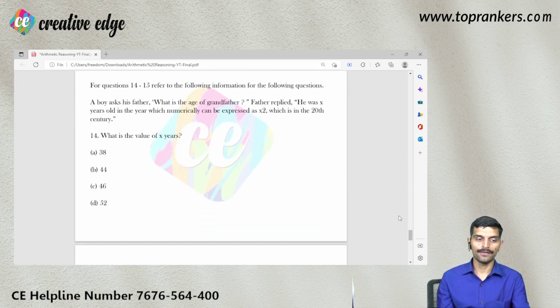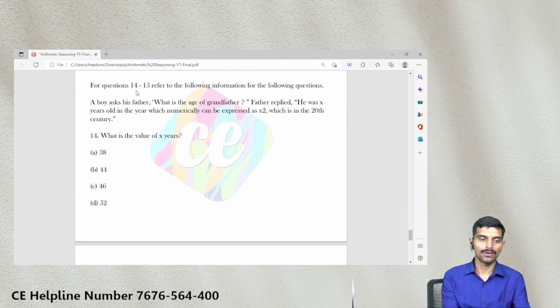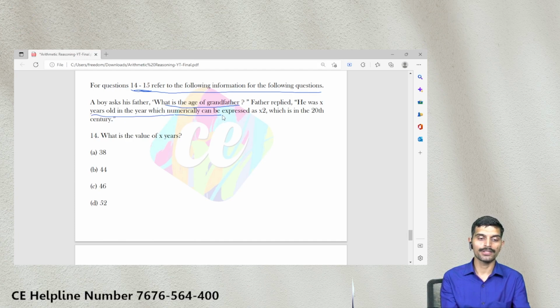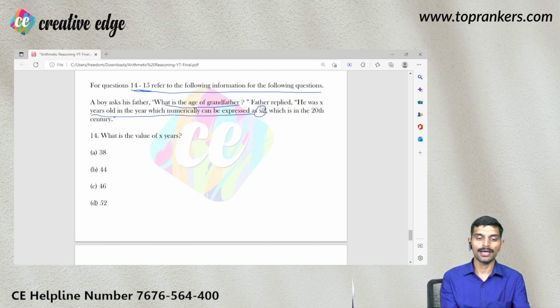So let's have the last two questions for today's session. That is arithmetic reasoning. A boy asks his father what is the age of grandfather. Father replied, he was X years old in the year which numerically can be expressed as X square, which is in the 20th century.